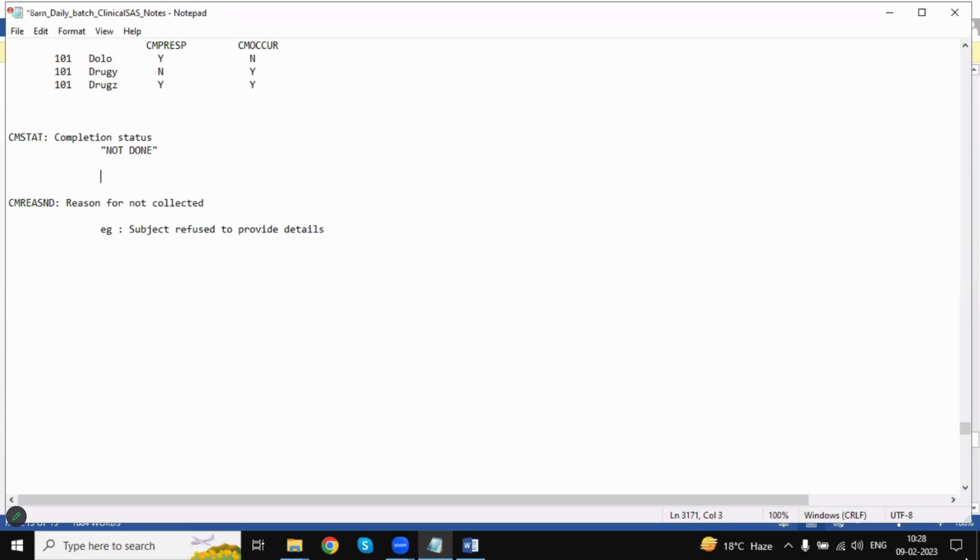For example, if start dates and end dates are missing, then your status is not done. If CMSTAT is equal to not done, then definitely you have to write a reason: why were the details not collected? That reason you have to capture.